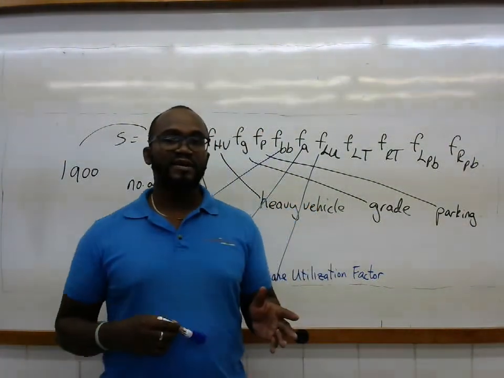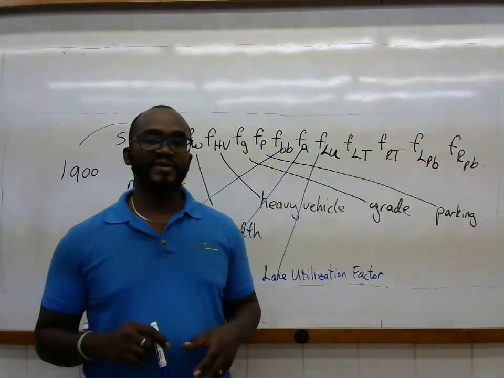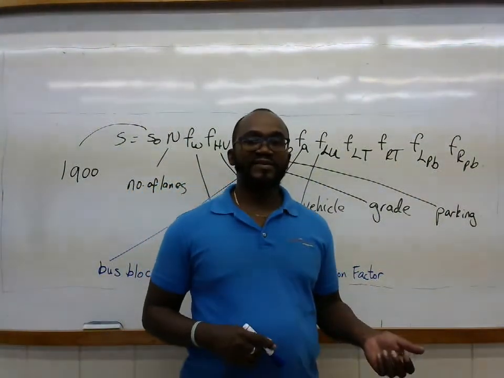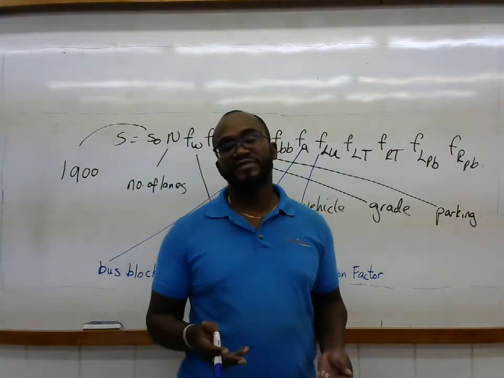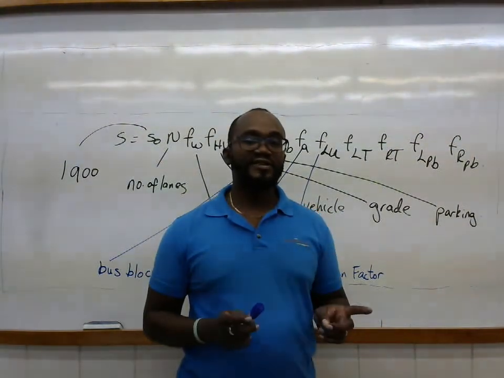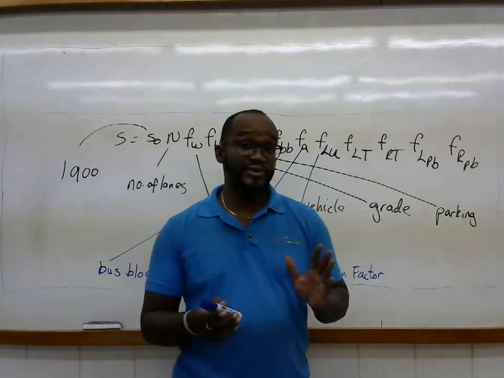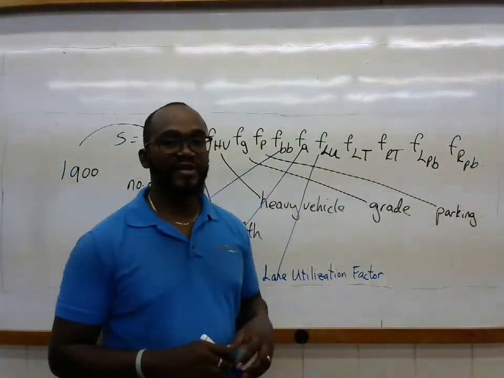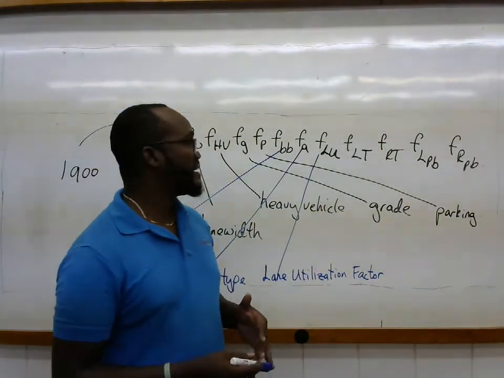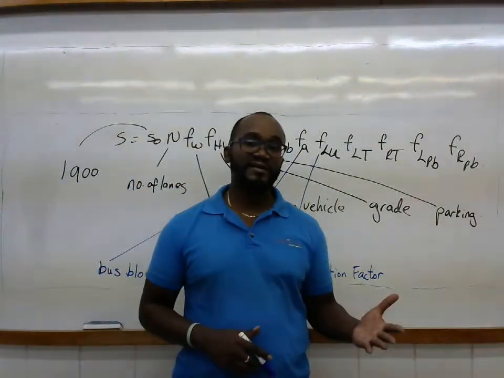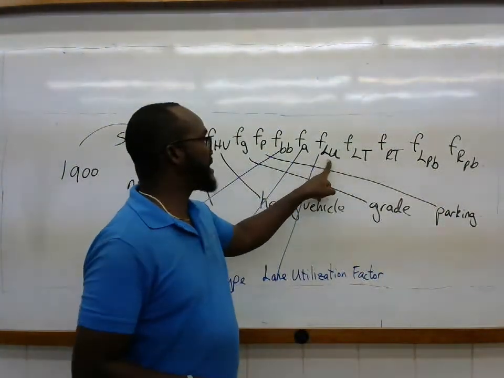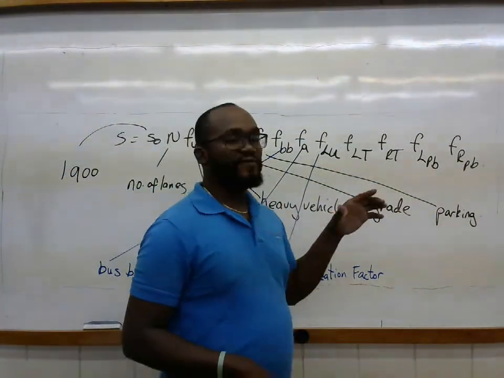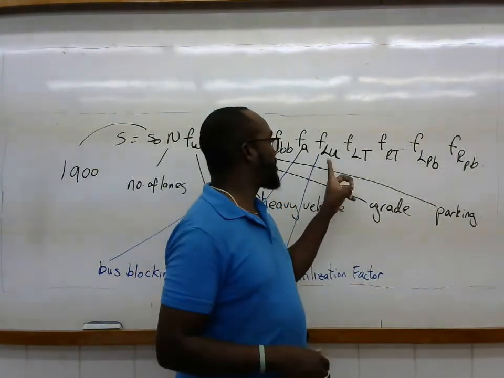On a two-lane roadway, for example, one may intuitively assume that 50% of vehicles may use the left lane and 50% may use the right lane. It's not necessarily so. Sometimes there's a skewing in one direction. And if you look at the regulations that require you to drive on the left except on overtaking, more than likely you would expect a bias on the left lane. So the lane utilization factor is essentially that: how much of which lane is being used within the peak hour?